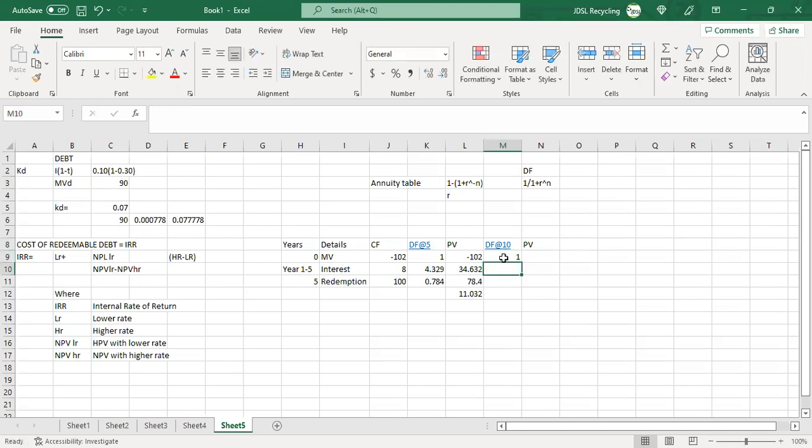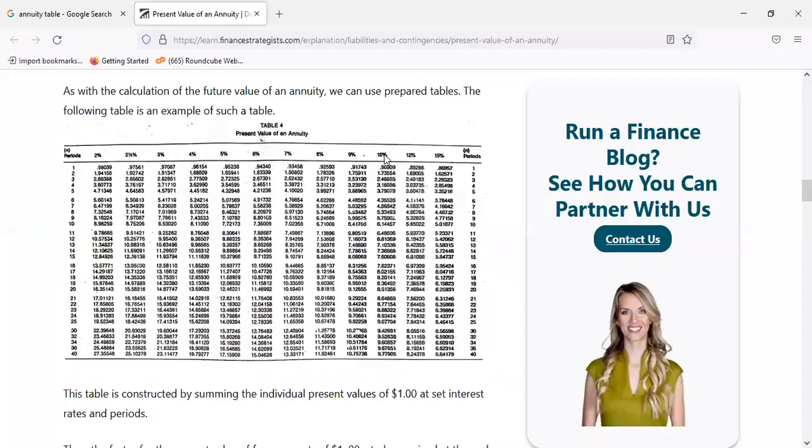Now, annuity table, 10% for year 5. Let's go back to our annuity table. This is 10%, year 5. 1, 2, 3, 4, 5. We have 3.791.